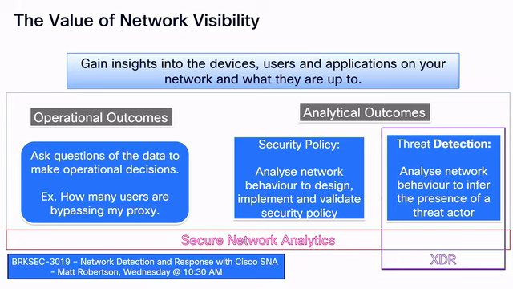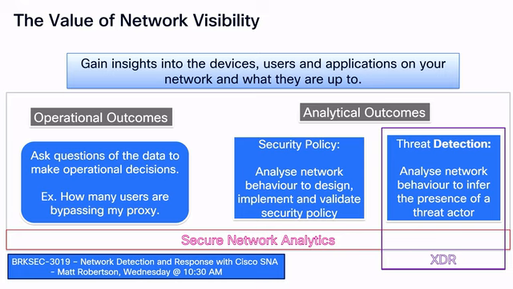Okay, so I have another session on Wednesday that is entirely about Secure Network Analytics as opposed to XDR analytics. I often get the question, what is the difference between the two analytics engines? If we send NetFlow data to SNA and/or SCA, what is the functional difference?